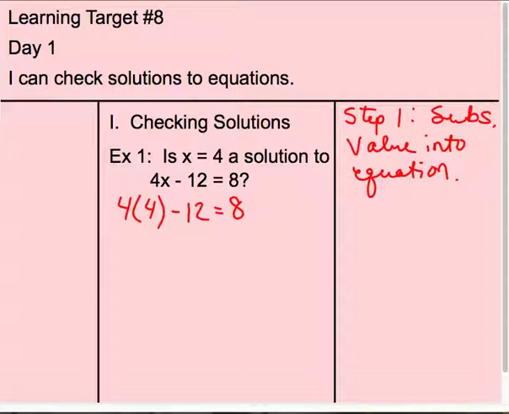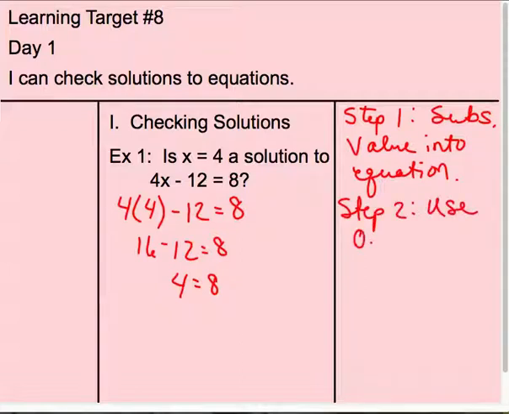So using order of operations, I know that I multiply always before I subtract. So 4 times 4 gives me 16. And then I finish simplifying. 16 minus 12 is 4. So for step 2, and we'll talk about what that answer means in a second, we use order of operations to simplify.